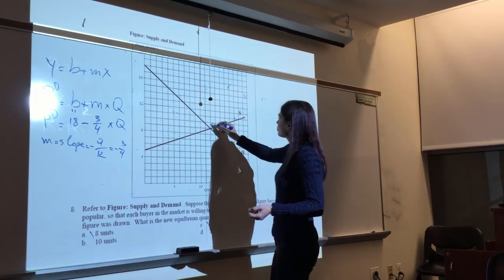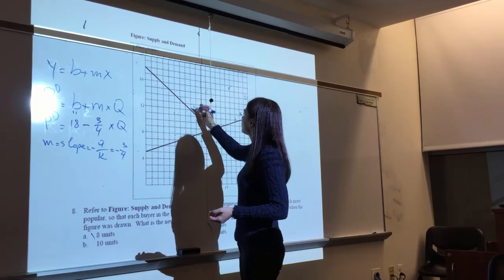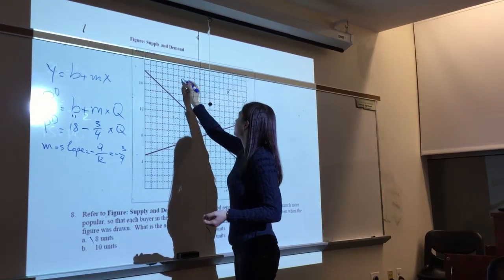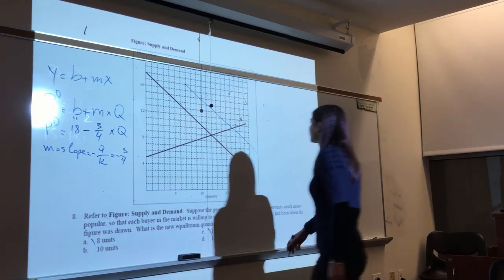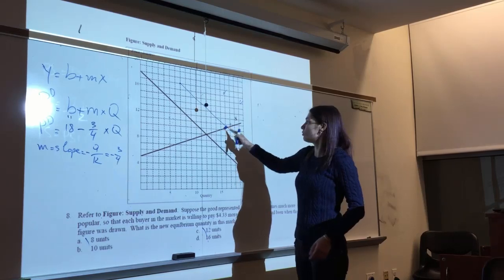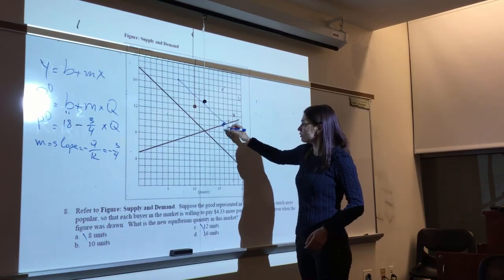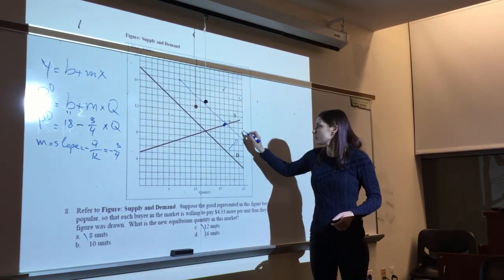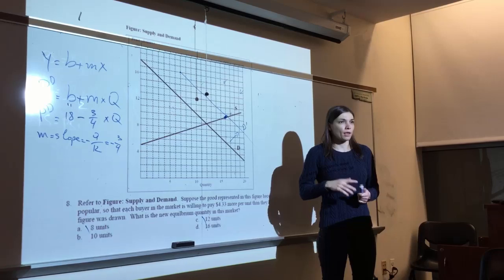So let's just draw it. If I had drawn it better, they would intersect here, right? Because the vertical distance here is 4.33. So basically the intersection of the new demand curve and the supply curve is our new equilibrium quantity.